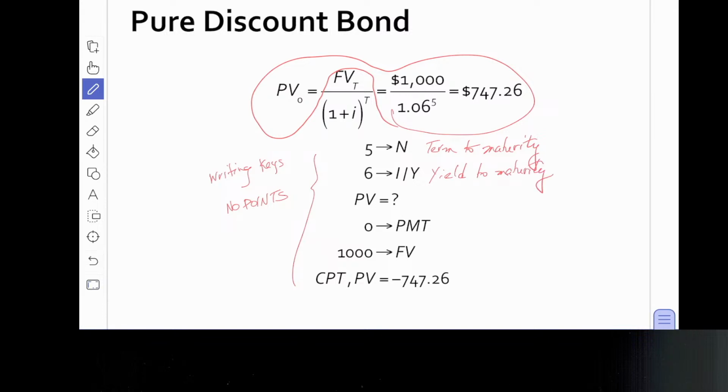I think it's a similar word in Spanish, right? Maturidad. And then this would be your coupon, where there are no payments. There are none. And rather than calling this the future value, we refer to it as the face value of the bond.